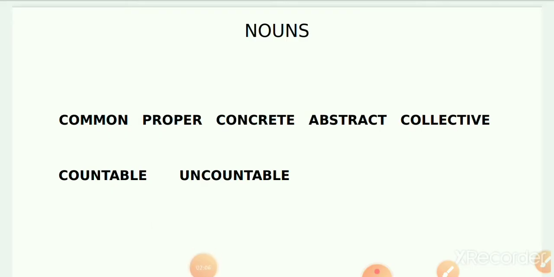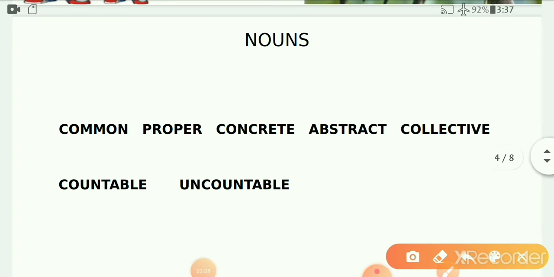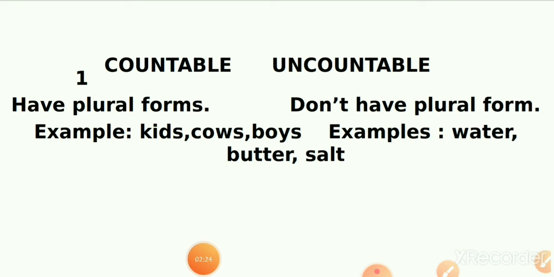As we discussed before, common nouns are either countable or uncountable. So let's discuss countable and uncountable nouns. There are some rules. Rule one: countable nouns have plural forms like kids, cows, boys, but uncountable nouns don't have plural forms like water, butter, salt.